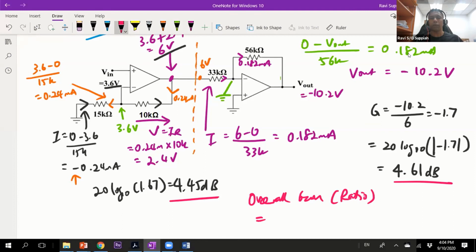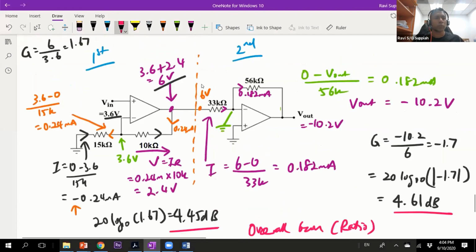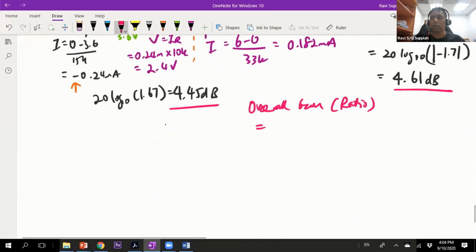You take the first gain, which is 1.67, multiplied by the negative 1.7, and you will get negative 2.84. That is the overall gain in terms of ratio.